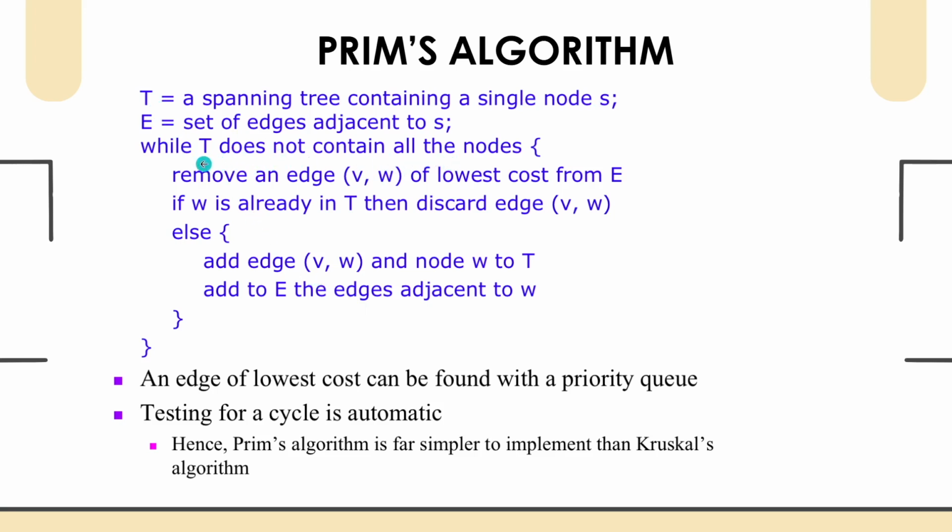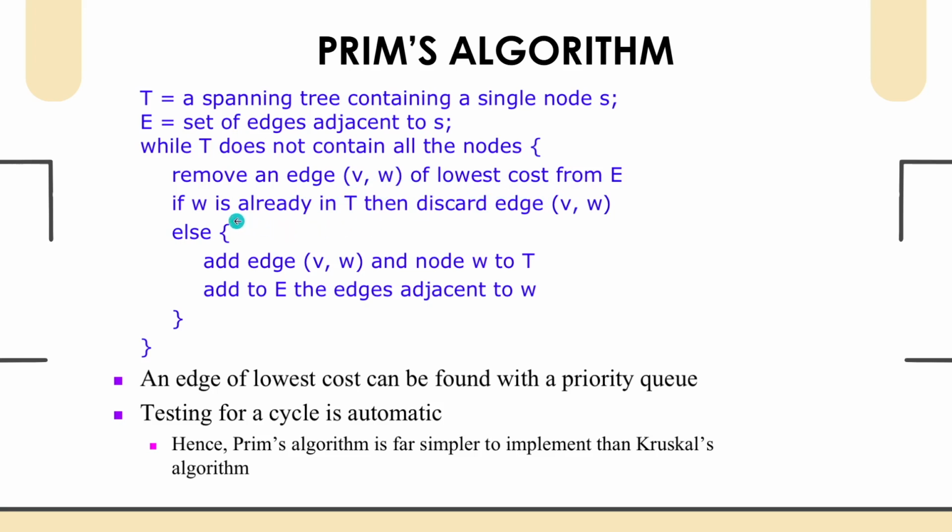The stopping criterion is reaching a situation where the tree includes all the vertices from that graph. So, while the tree does not contain all the nodes, we are going to repeat these steps. We remove an edge (v, w), where v and w represent two vertices with an edge between them, and the edge has the lowest cost.